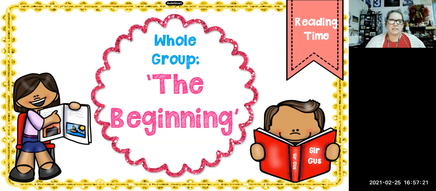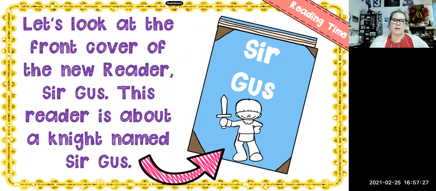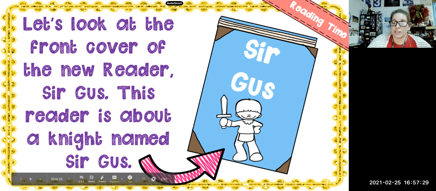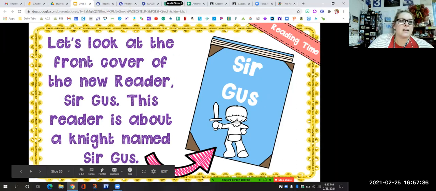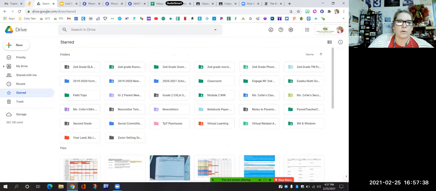Okay, so our story today is called The Beginning. And we're going to look at the front cover of our new book called Sir Gus. And this is a reader about a knight named Sir Gus. So let me show what it looks like.